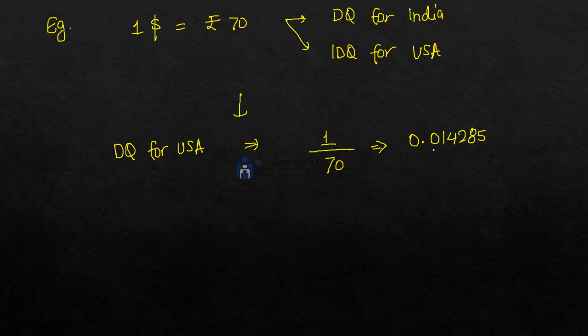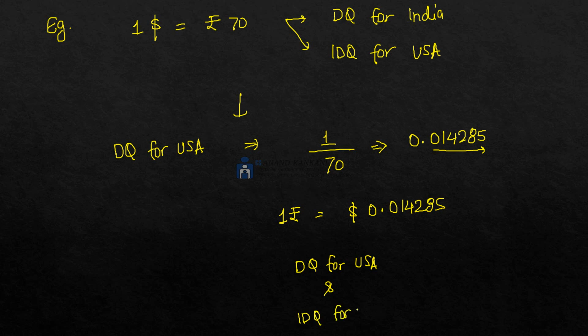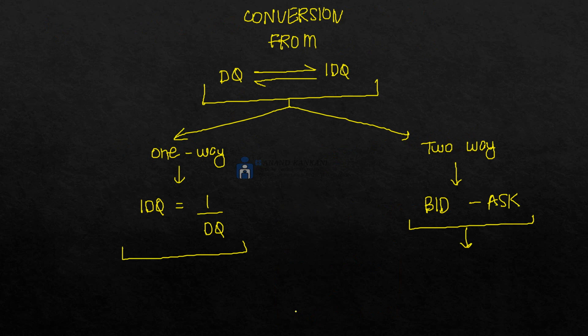It is advisable to go up to 5 digits after the decimal. So what does this mean? It means that 1 rupee is equal to $0.014285. Now this is a direct quote for USA and this is an indirect quote for India. So there is no problem as far as a one-way quote is concerned.